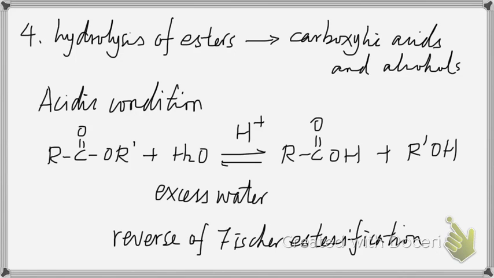It favors the ester slightly, but it's not going to give you 100% yield of either ester or the hydrolysis product. In order to increase the yield of the product we want, we have to find a way to add more reagent or remove some of the product based on Le Chatelier's principle. For example, if we want to hydrolyze an ester, you are going to add more water.